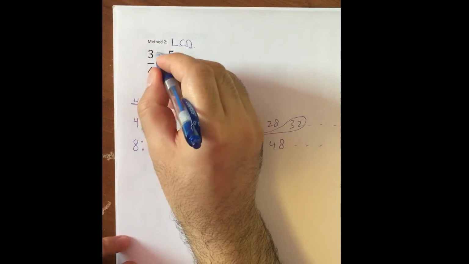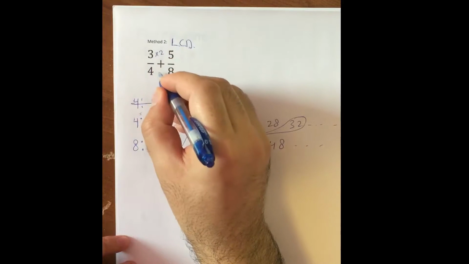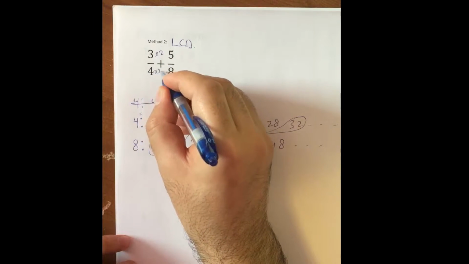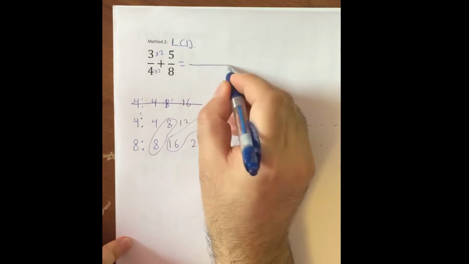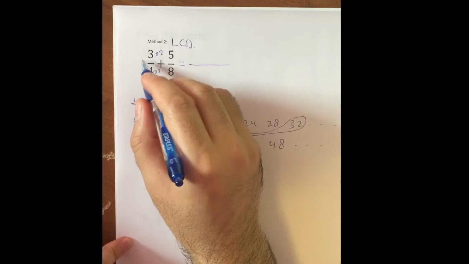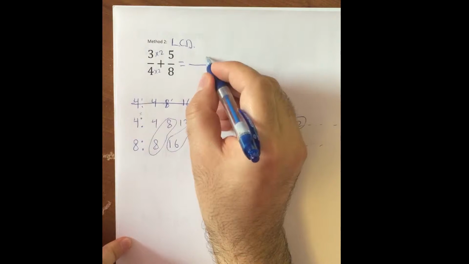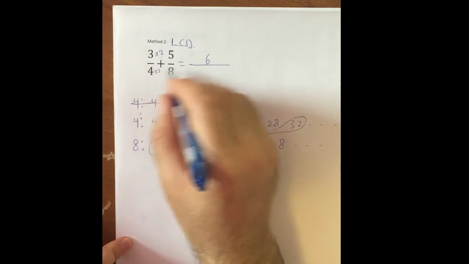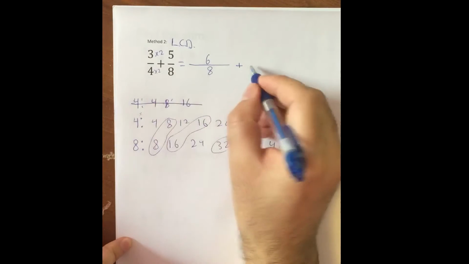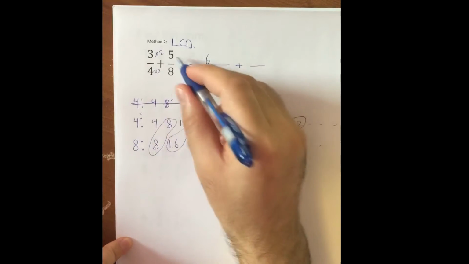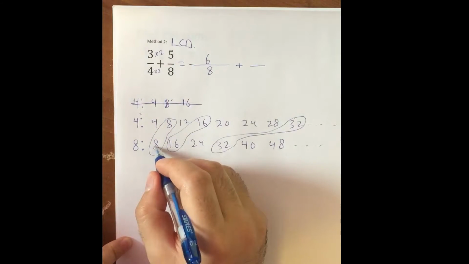I'll write it over here: 2 times 3 and 2 times 4. 2 times 3 is 6, 2 times 4 is 8. You write the plus as it is.